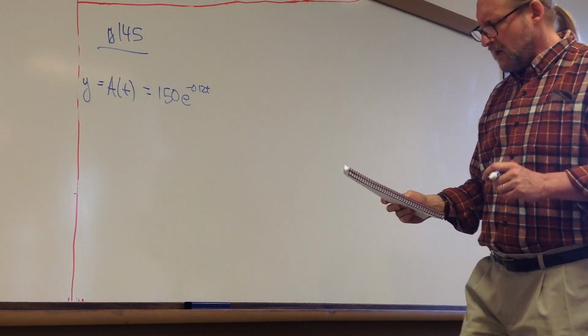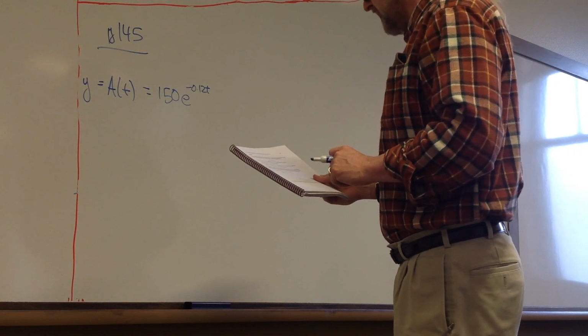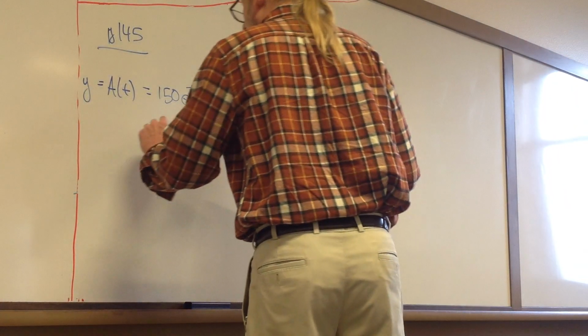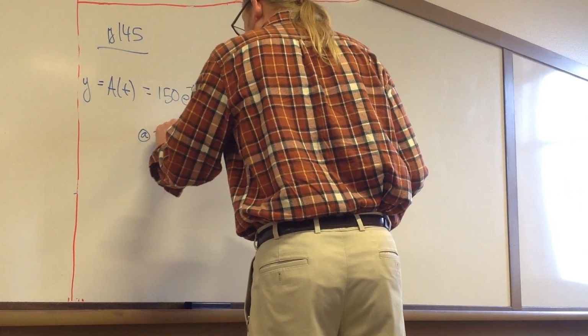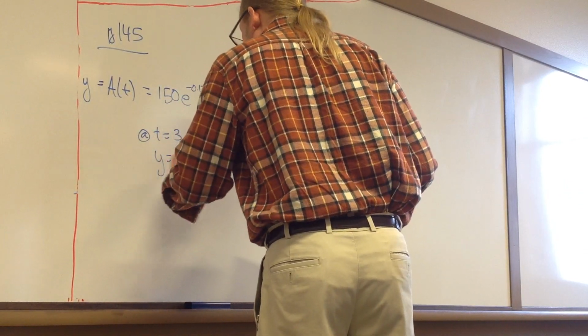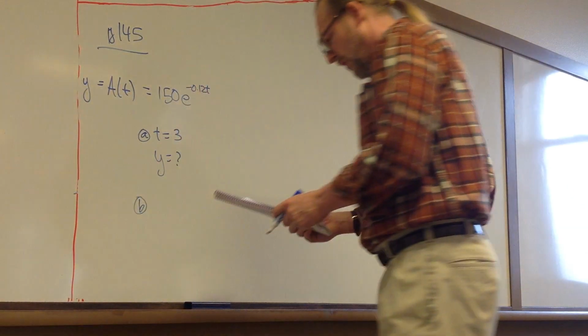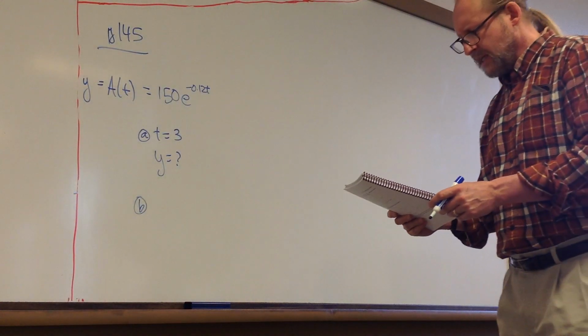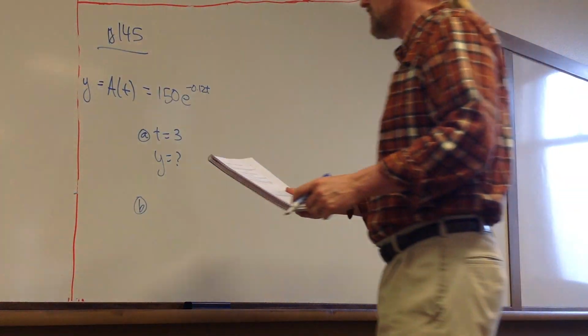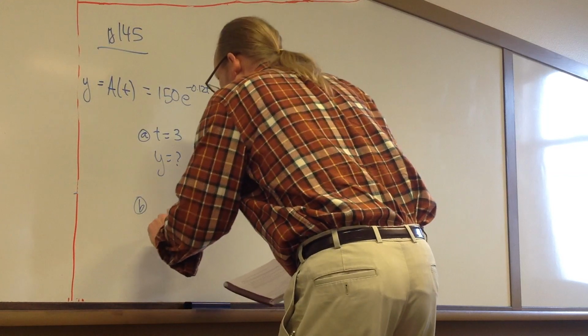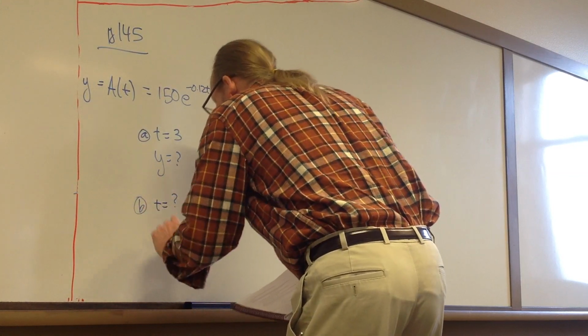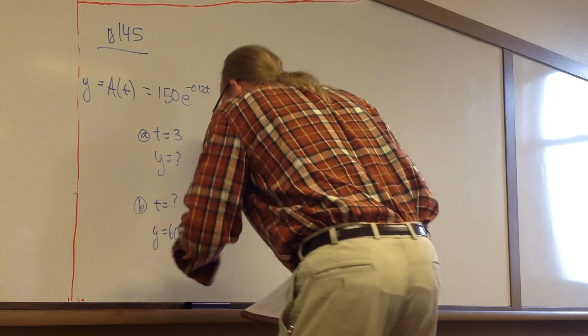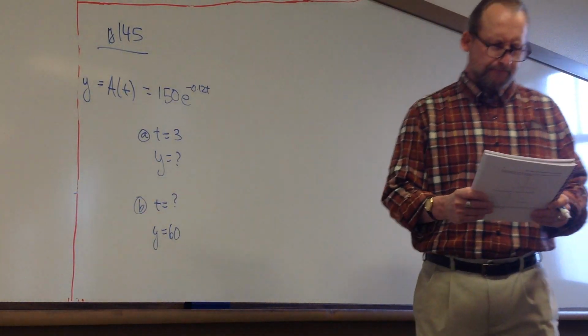All right. So, part A says find the amount of medication in the bloodstream after 3 hours. So, at t equals 3, what's y going to be? And then in part B, it says how long will it take for the amount of medication to reach 60 micrograms. And so, we're going to say, what's the t going to be when y is equal to 60?